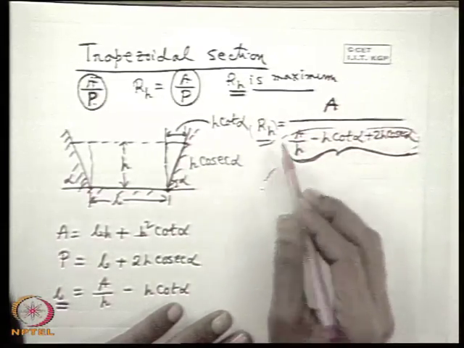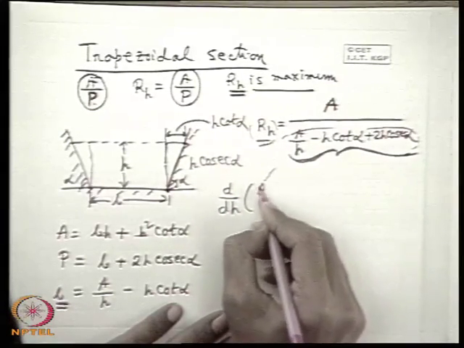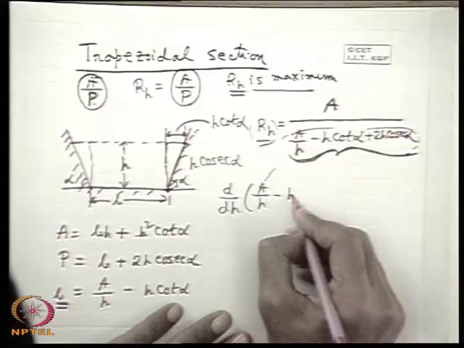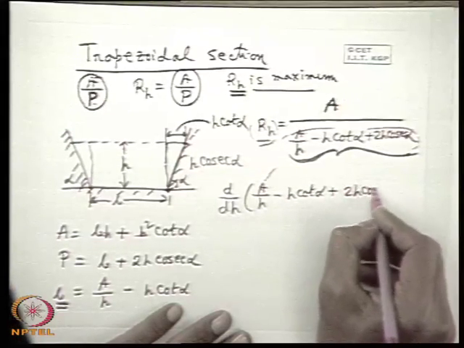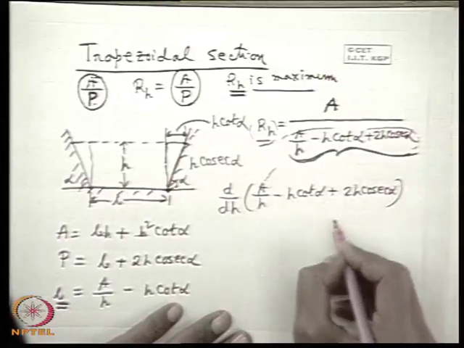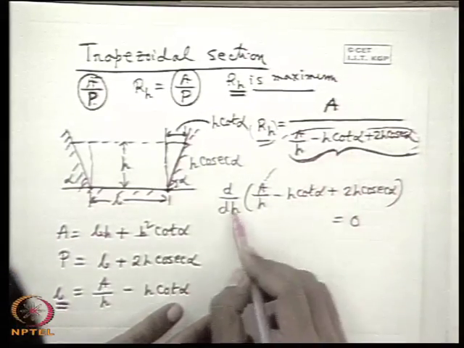So I differentiate the denominator, A by H minus H cot alpha plus 2H cosec alpha, and set it to 0 to find the minimum condition. Let us do it.